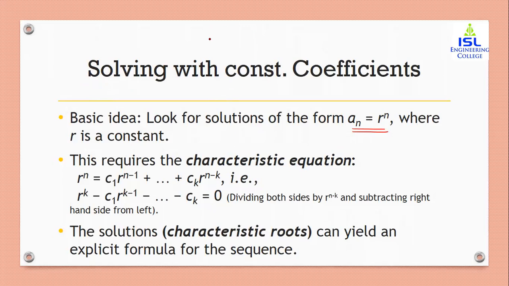Suppose our recurrence relation is given as follows: a_n = c1 a_(n-1) + c2 a_(n-2) + and so on, ck a_(n-k). Then a_n = r^n is a solution if and only if, instead of a_n, we replace it with r^n, so r^n = c1 r^(n-1) + c2 r^(n-2) + and so on, ck r^(n-k).